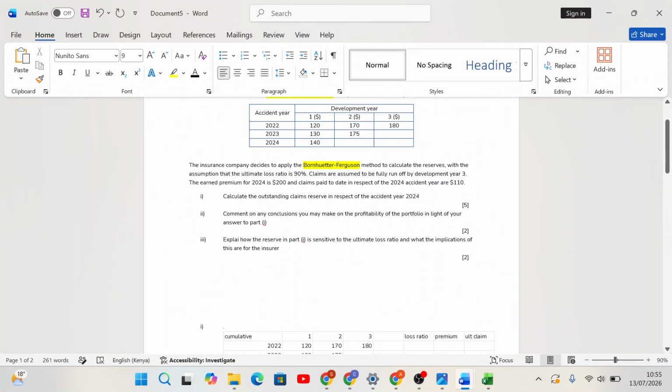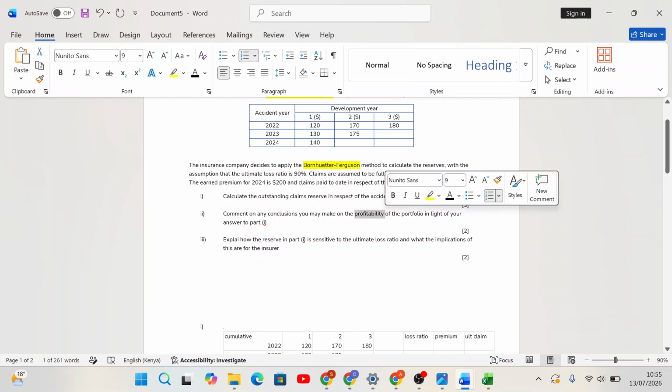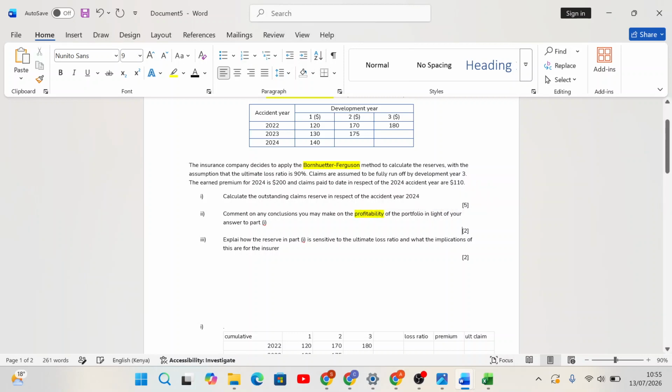The second part is: comment on any conclusions you make on the profitability of the portfolio in light of your answer in part 2. So what we are looking at is profitability, and profitability in our case will be the premium less the ultimate liability.